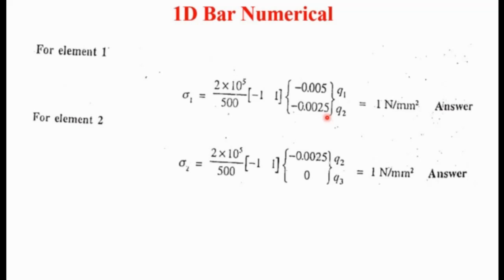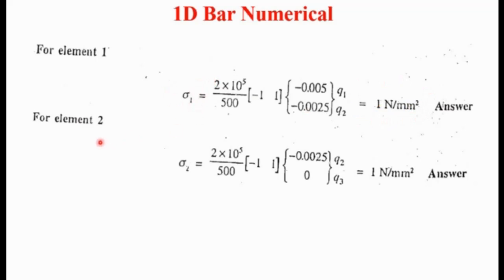By putting these two values in and doing the matrix multiplication, we get sigma 1 equals 1 newton per mm square, which is the stress value in element 1.